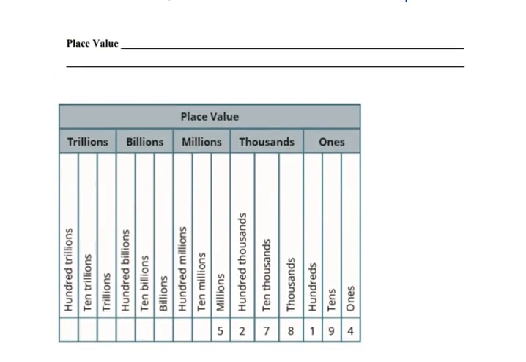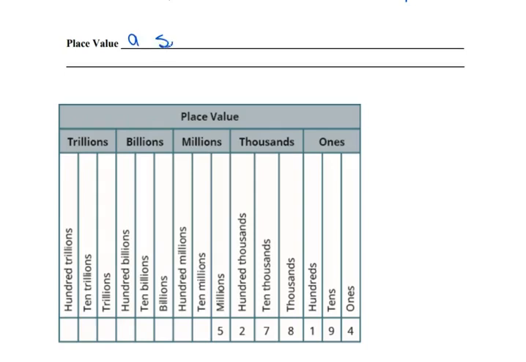So in order for us to understand the numbers better and see them easier for the human eye, we use the place value. So the place value is a system that separates numbers into groups of 3 and assigns a value to them.